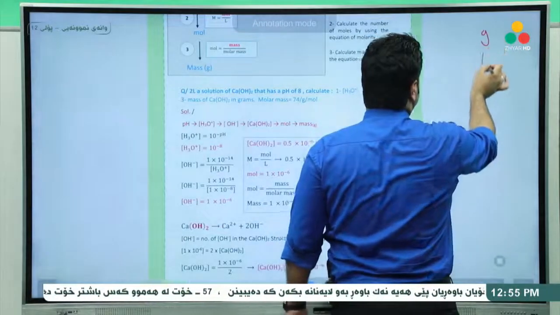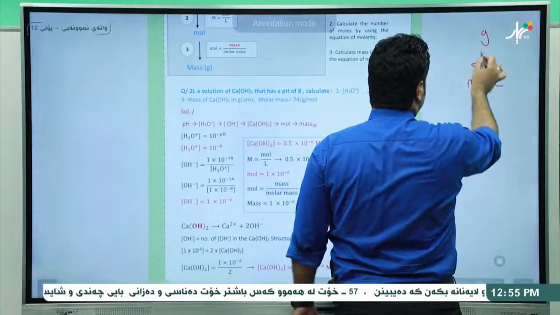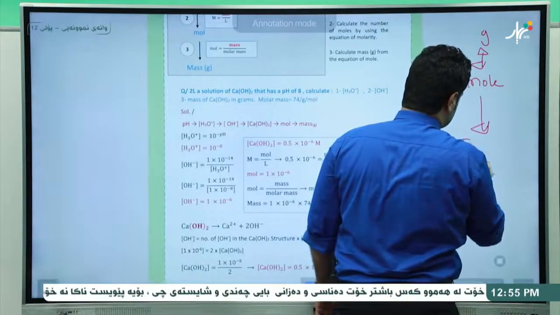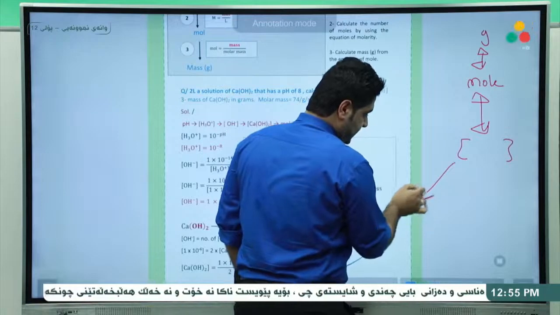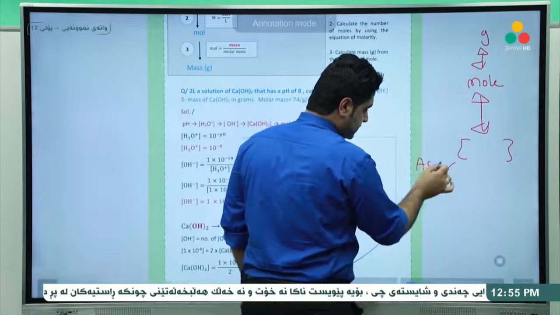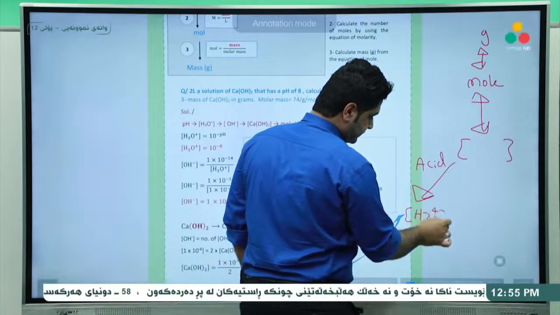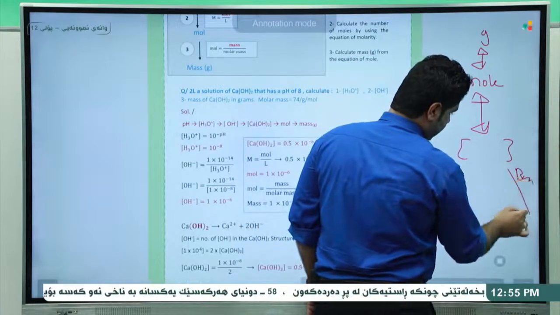Look, gram, we can convert gram into mole, and vice versa. Then mole into molarity, and vice versa. Then, if it's an acid, we can get hydronium ion, and if it's a base, we can get OH.